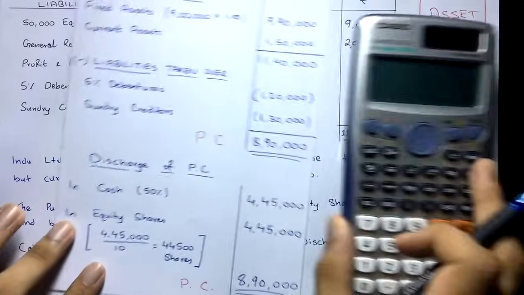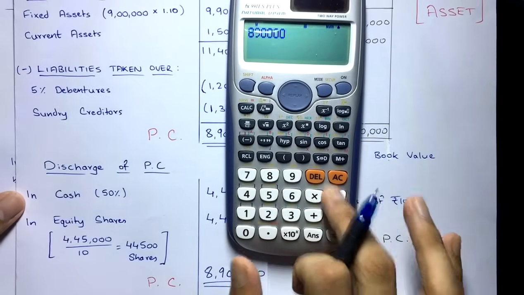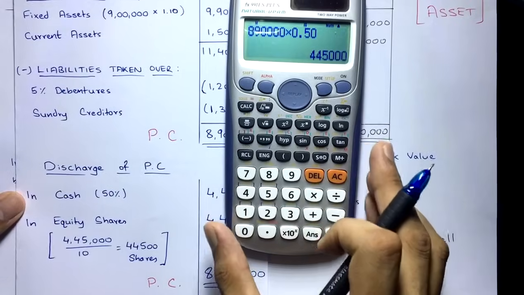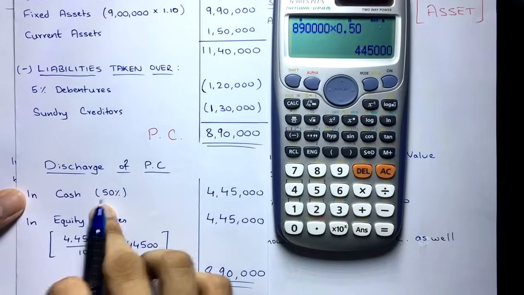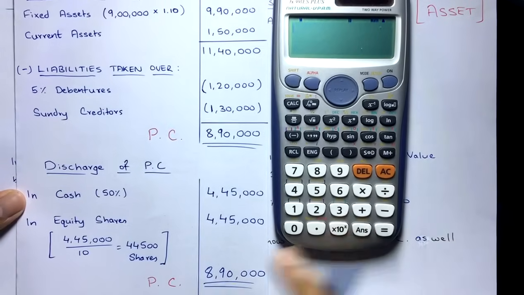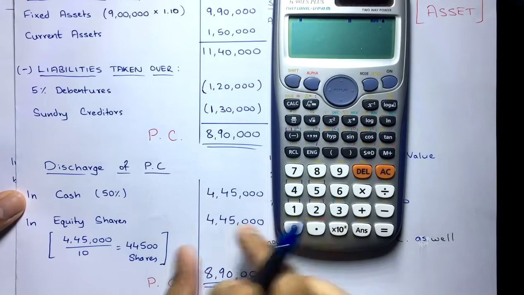So simple, divide that by 2. 8,90,000 divided by 2 or into 50%, 0.50, whatever, right? 4,45,000. So 4,45,000 will be paid in the cash and the remaining in equity shares. The remaining 50% will be the same, right? 4,45,000 only. So 4,45,000 will be paid in equity shares.